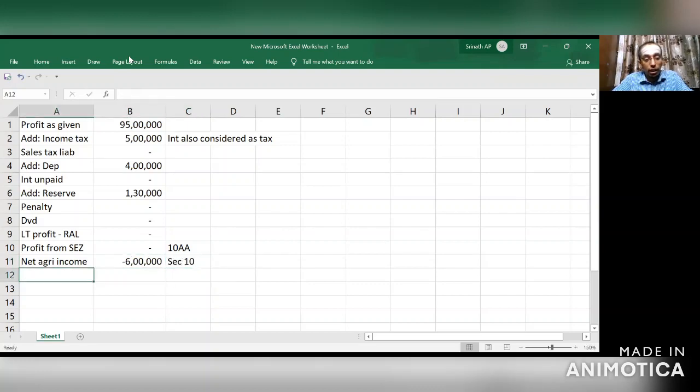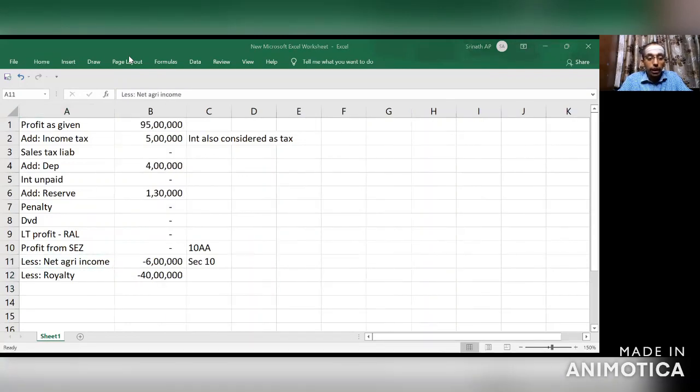Therefore, you will reduce it. Royalty. The problem tells you at the end that this company is registered under section 115BBF. Therefore, whatever royalty we have got has to be a negative adjustment, 40 lakhs.